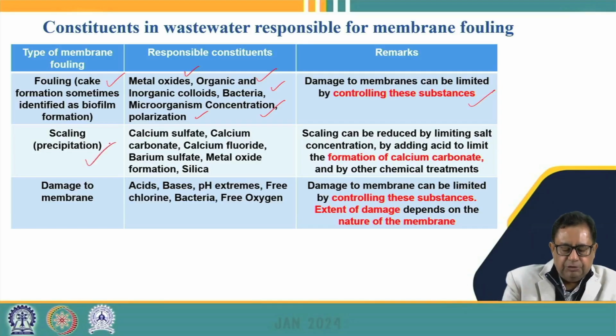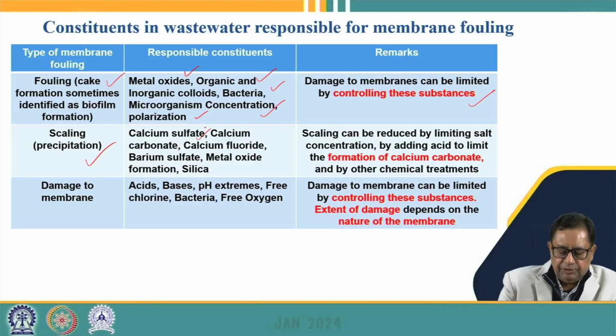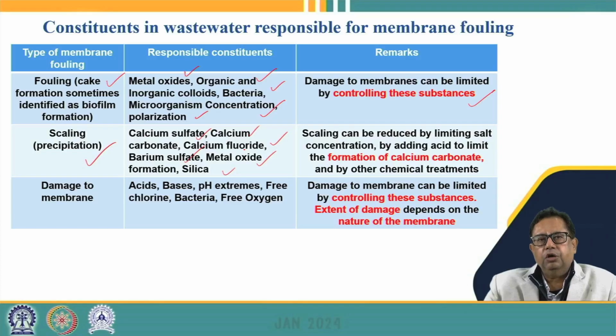Similarly, we can have precipitation taking place onto the surface of the membrane, so that also can lead to fouling of the membrane. For example, we can have calcium sulfate, calcium carbonate, calcium fluoride, barium sulfate, metal oxide formations, and silica. They all can precipitate, form a layer on the surface of the membrane and foul it.